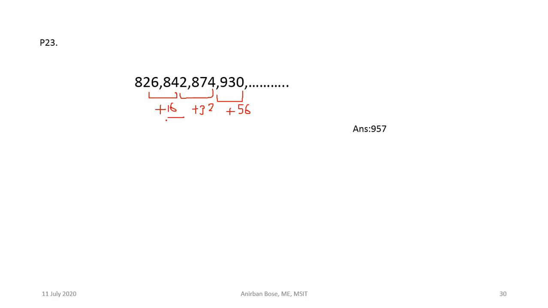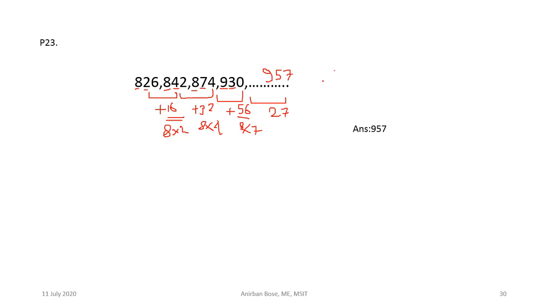The 16 is 8 into 2. You see, 16 is 8 into 2. 32 is 8 into 4. Product of the 100th and the 10th digit. Okay, 8 into 4. 56, you see, 8 into 7. So what will be next? Product of 9 and 3. That is 27. So 957 will be the answer.